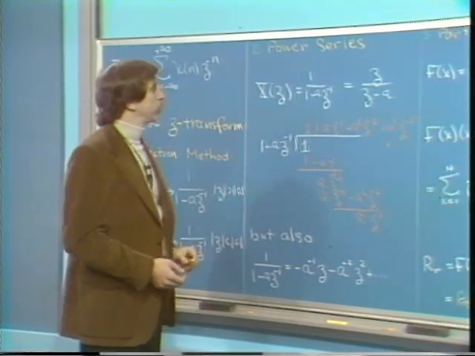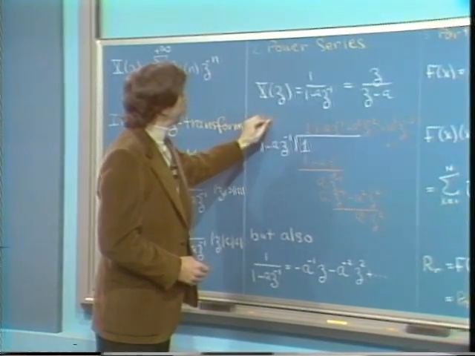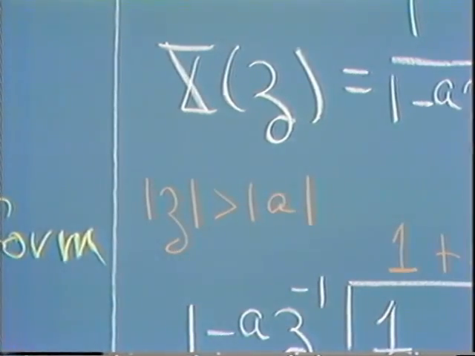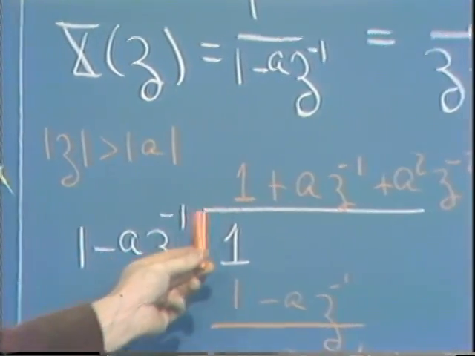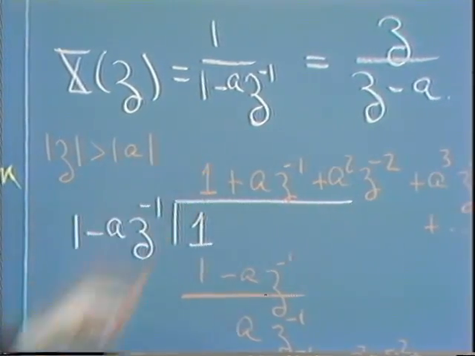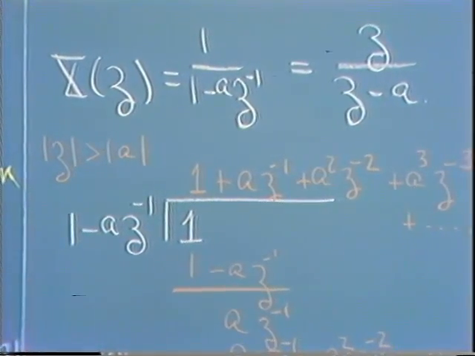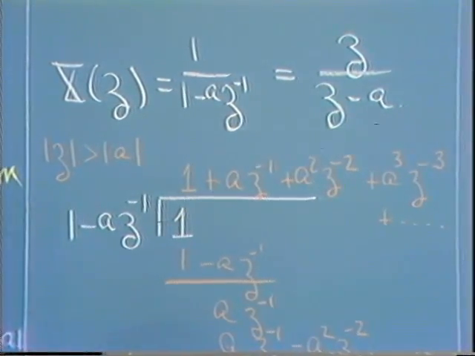So for that region of convergence, that is, with the magnitude of z greater than the magnitude of a, this is the power series, and consequently the answer is a to the n times u[n], which of course is consistent with what we know already, or equivalently consistent with the inspection method.